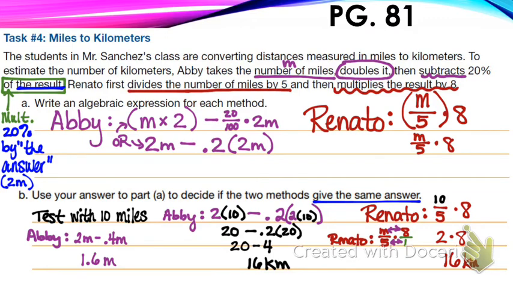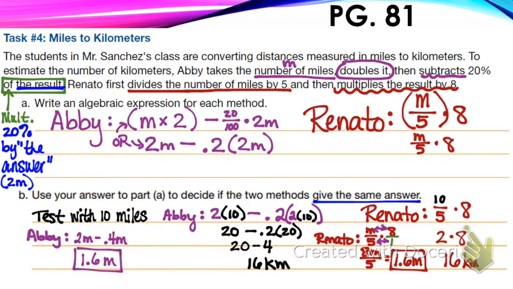So I would have 8m over 5. Do 8 divided by 5 in your calculator. 1.6. His method had the exact same simplified form, but they both approached it different ways.